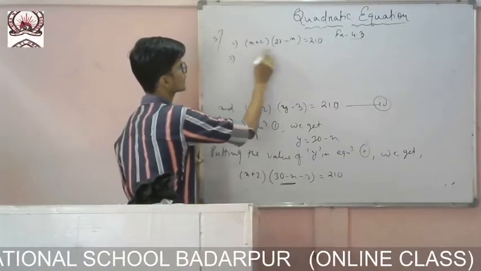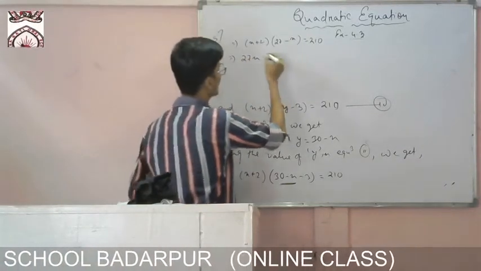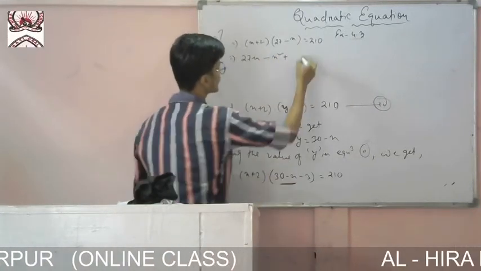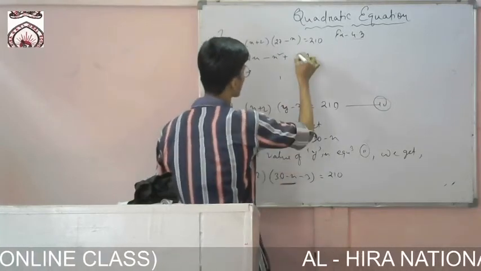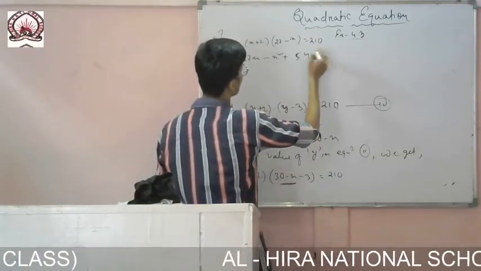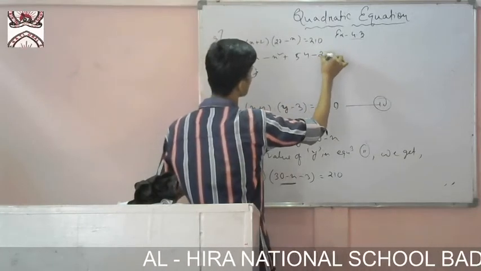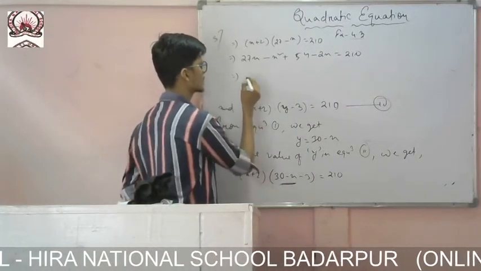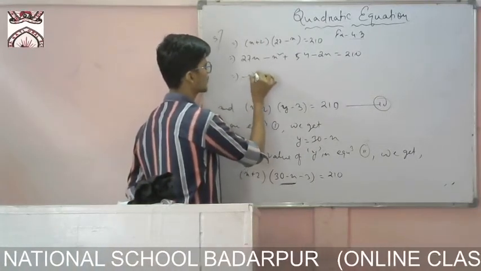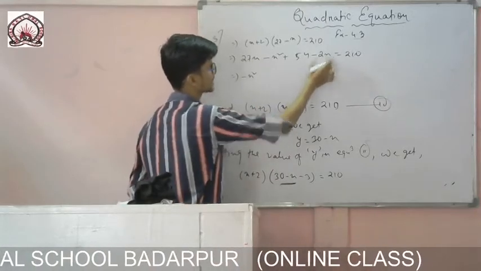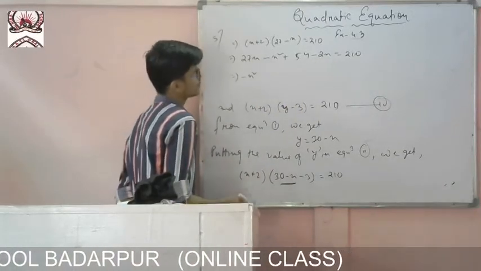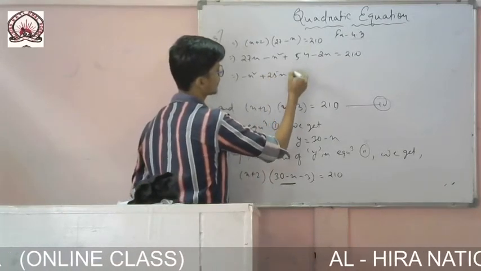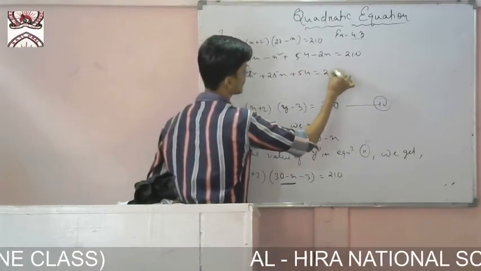So x into 27 will be 27x. x into x is x square. Then 2 into 27 is 54. And again minus 2 into x is minus 2x, equals 210. So x square, 27x minus 2x, that means 25x. So it will be x square plus 25x plus 54 equals 210.